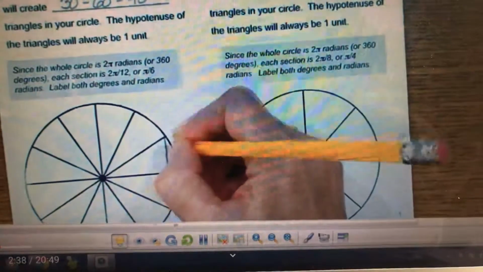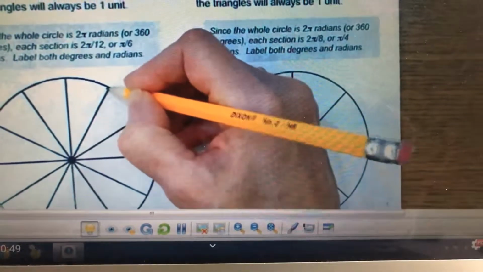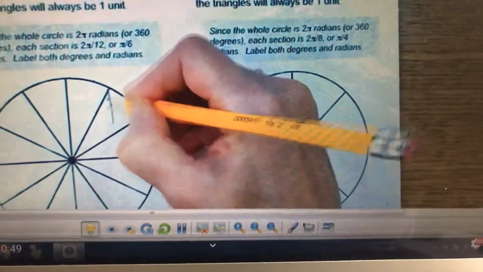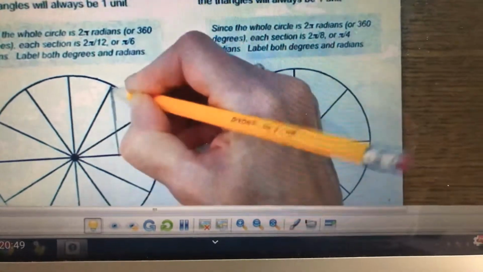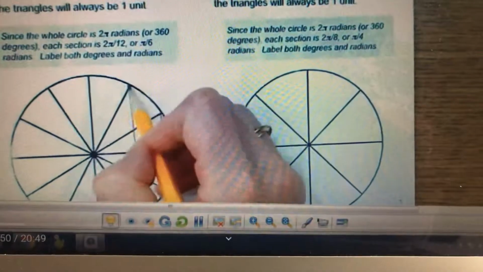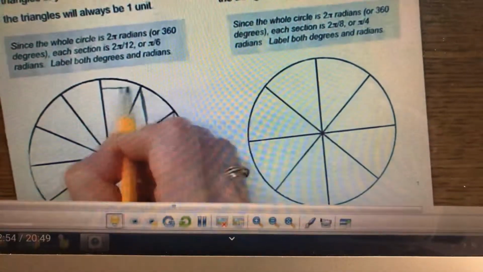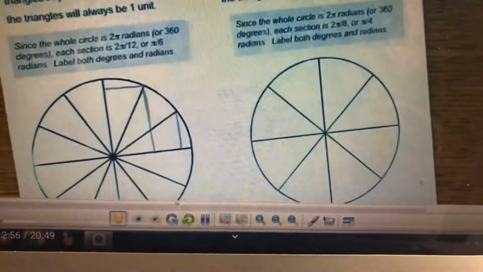So for all those triangles, and in a hot second I'm going to forget how to draw this, and I drew it wrong. Whoops. So I'm just showing you guys what not to do here. Okay, I dropped it the wrong way. There's the right way.